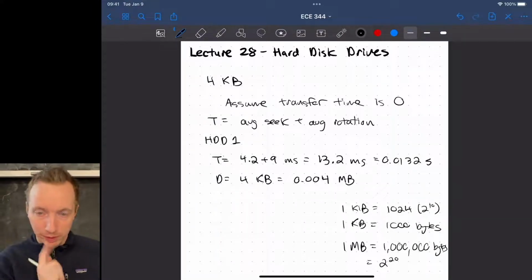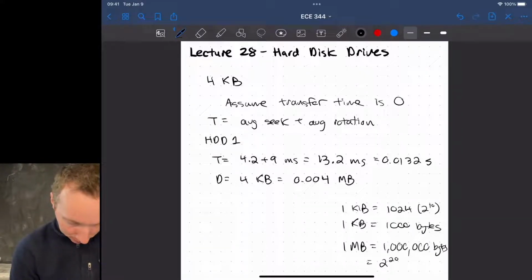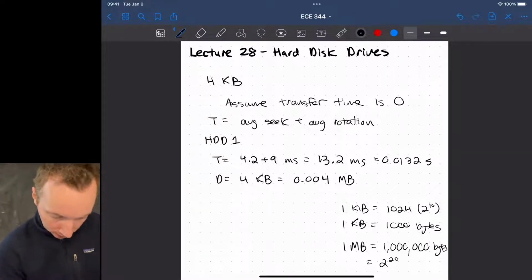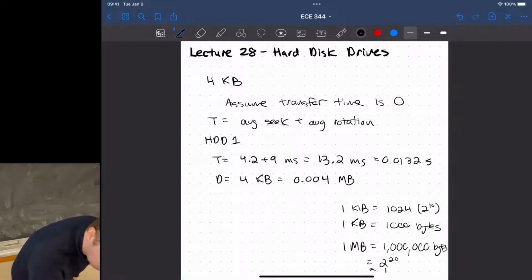Well, you probably believe it's like 2 to the 20. Which, what's 2 to the 20? Python, oh, cool. Yeah, so 2 to the 20 is actually something like this.